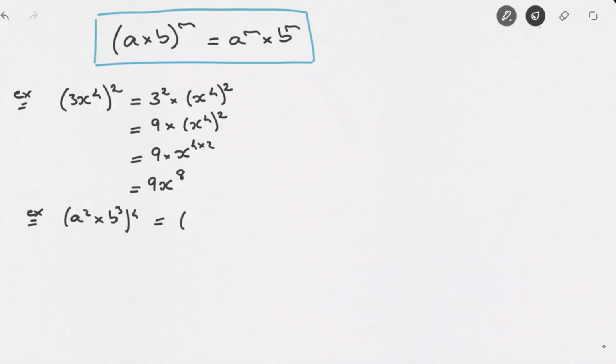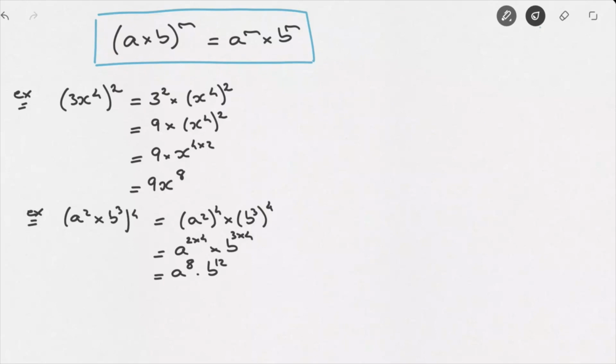So that would be a to the power of 2 raised to the power of 4 times b to the power of 3 raised to the power of 4. Now, using the laws of exponents we know, we can write the following. That's a to the power of 2 times 4 times b to the power of 3 times 4, leading us to a to the power of 8 times b to the power of 12.